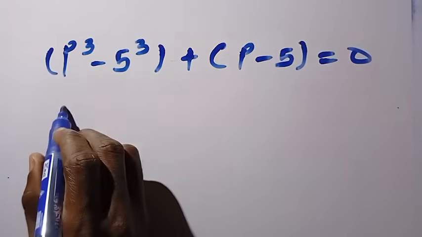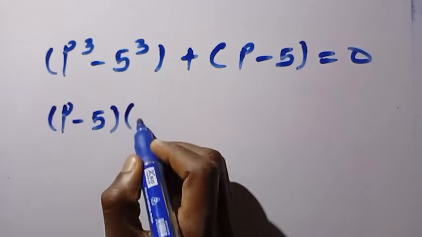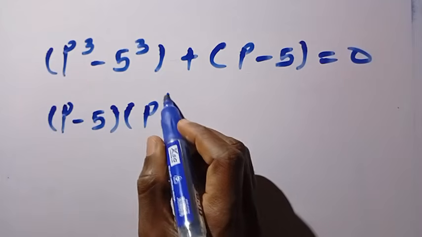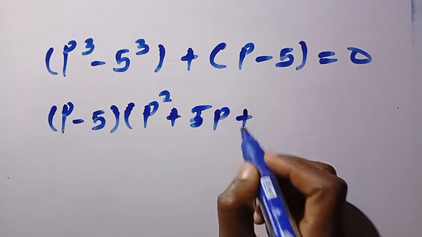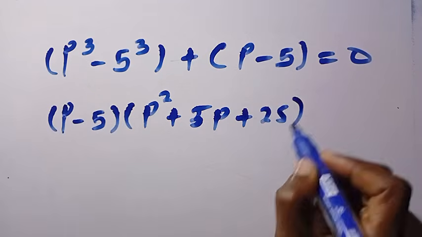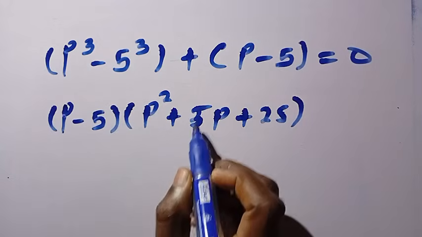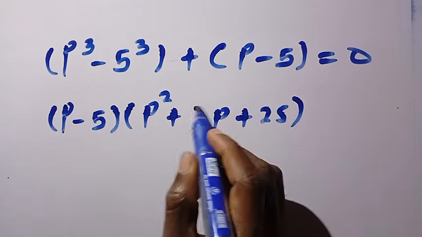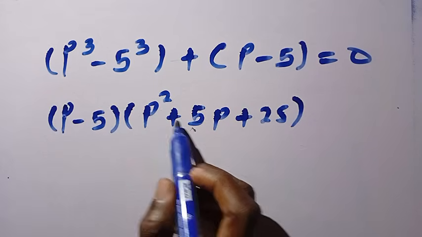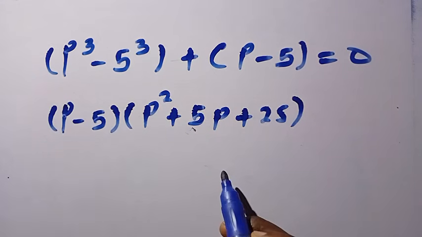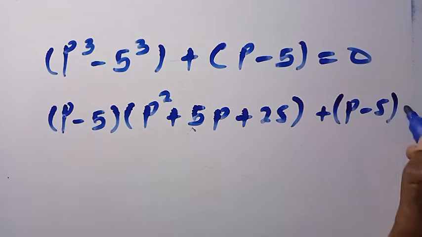So the whole of this p^3 - 5^3 is given as (p - 5)(p^2 + 5p + 25). Then here is plus (p - 5) equals 0.